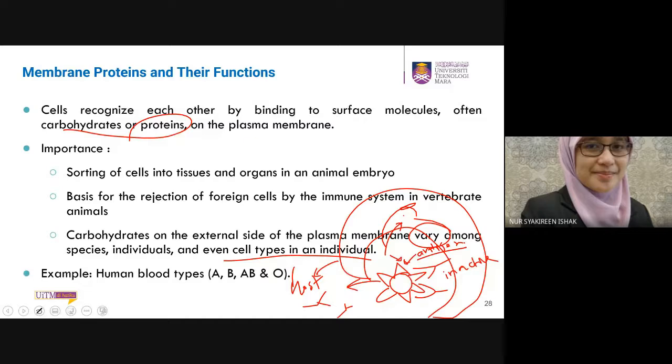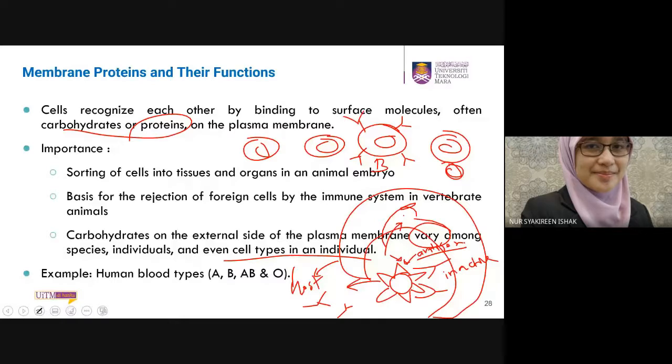So blood cell, red blood cell. So kalau O tak ada antigen. Kalau B contohnya antigen dia macam ni. Kalau A contohnya macam ni, dia punya antigen dia, contohlah.